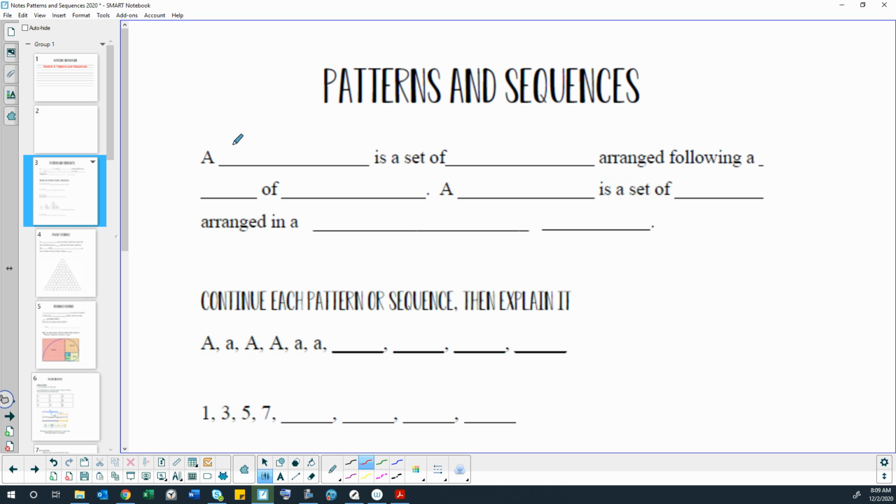A pattern, that's our first blank here. I know our last unit I actually gave it to you already filled in. So nice. A pattern is a set of objects arranged following a set of rules.